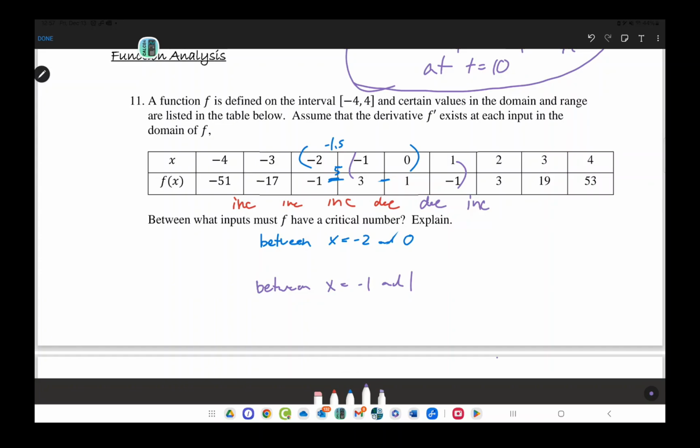Wait, was it negative 1 to 1 or what? 0 to 2. Sorry, 0 to 2. And then it's increasing. So yeah.